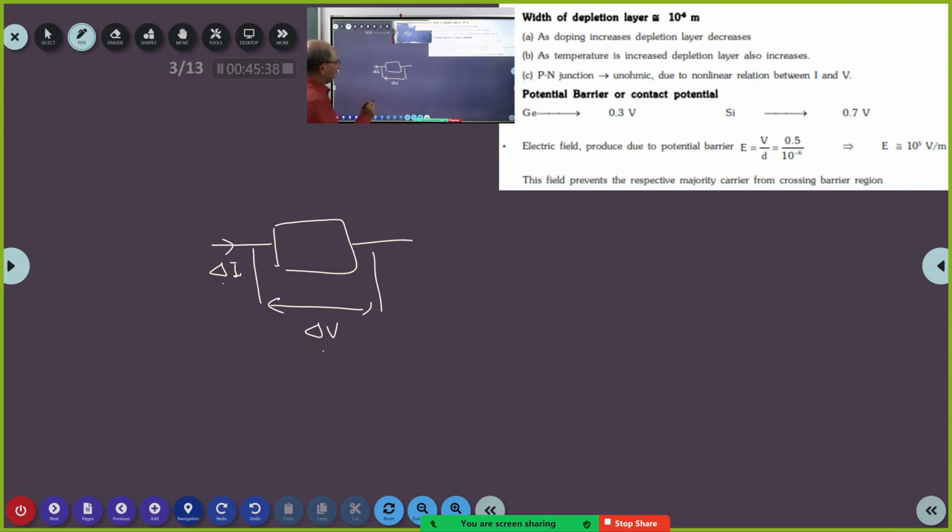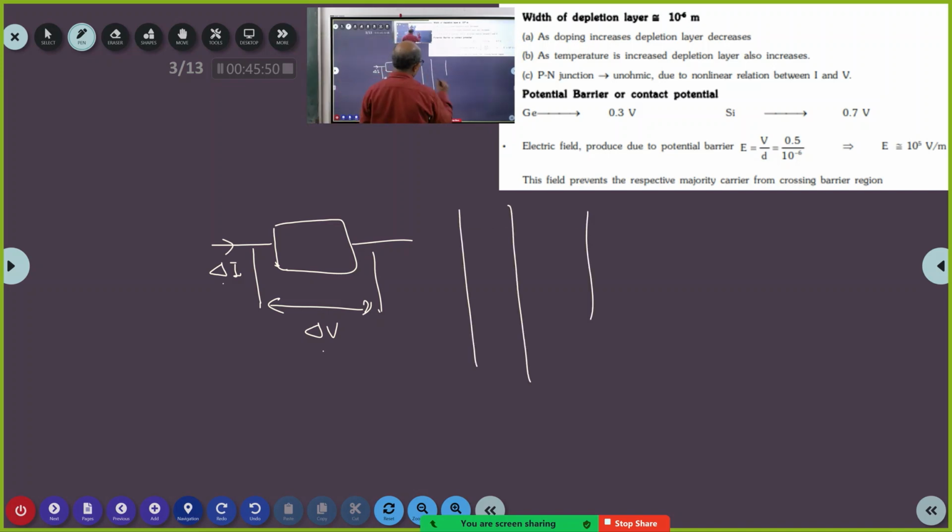As you increase the current by delta I, at the same time you see by how much delta V is increasing. You will tabulate delta V and delta I, and then you will compute delta V by delta I. You will get many readings here.